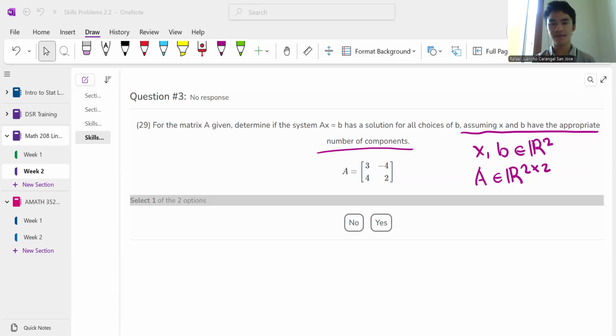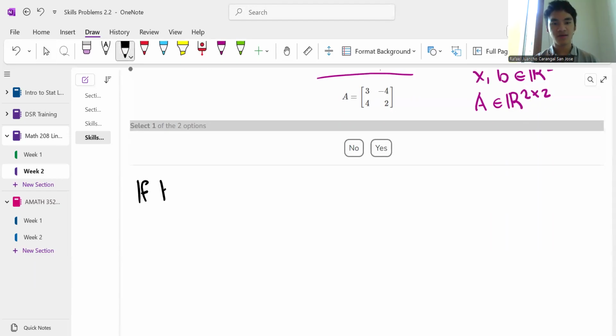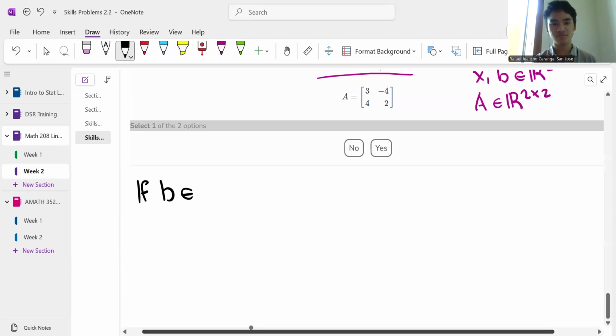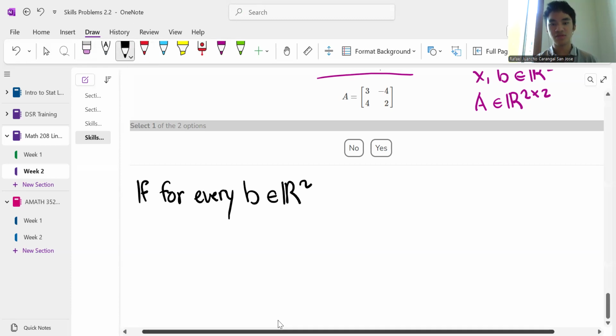Okay, so bottom line is if B, or let's say in this case, if for every B that belongs in R2, we can find scalars, and these scalars are, okay, this time let's call it x sub 1 and x sub 2.